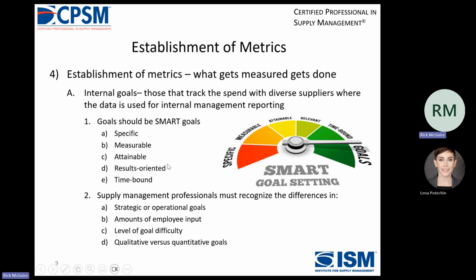Then you want to establish some metrics, and you start by setting up some SMART goals. Typical SMART: specific, measurable, attainable, results-oriented, time-bound. And then supply management professionals must recognize the difference in strategic and operational goals, amount of employee input, level of goal difficulty, typical kind of thing that we deal with around here.